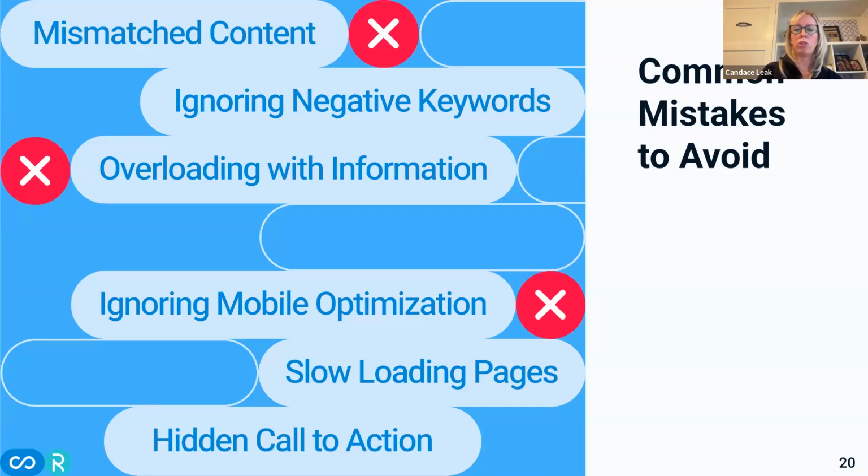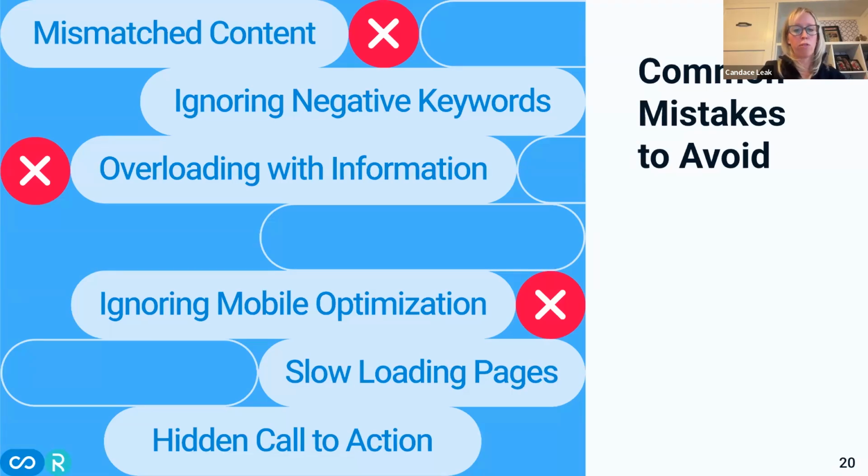For example, if your target customer is very high end and luxury, go ahead and mark the word cheap as a negative keyword, because those people searching for cheap rentals are probably not going to pay your more expensive prices anyway. If that's not your target customer, don't pay for those words. That's probably the biggest thing: use your negative keywords.